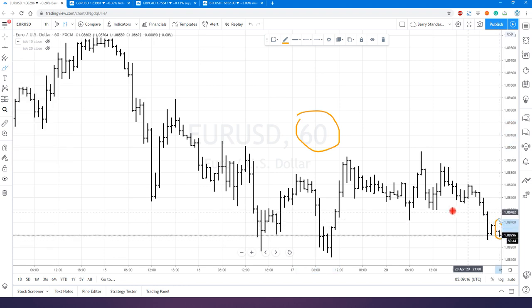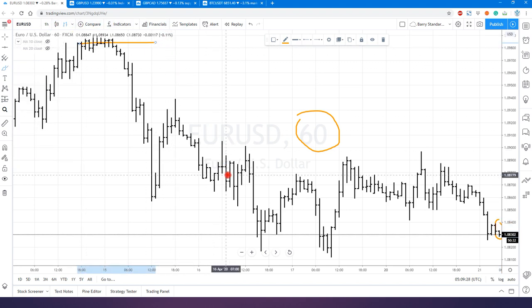You're seeing right there what the Euro US dollar traded for in that 1 hour period. You're getting to see the open, the high, the low, and the close for that one period. But that's the open that it opened 1 hour ago. It's the close that it just closed. It's the highest it reached over that 1 hour period, and the lowest it reached over that 1 hour period.